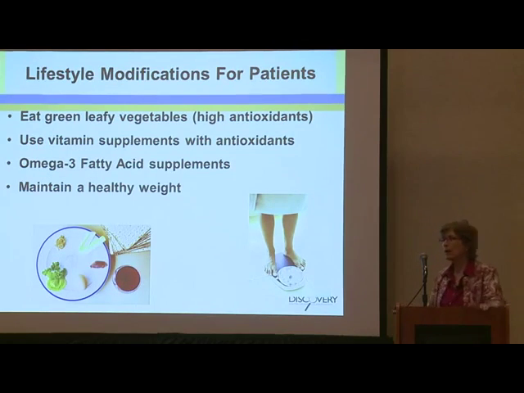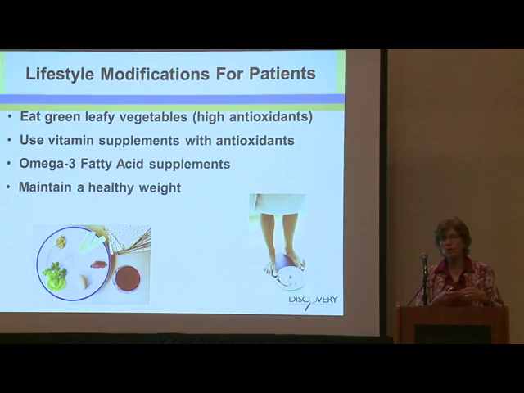The thing about a healthy weight is people have done studies and people have found that if people are overweight, in their blood there's certain factors that are increased, the inflammatory factors.